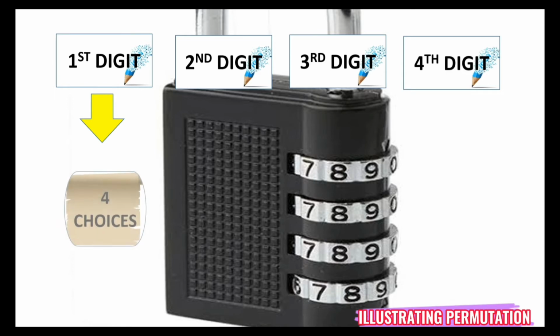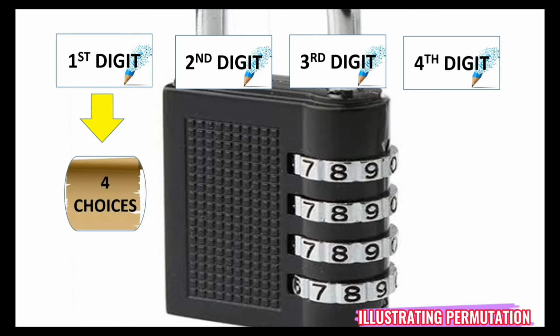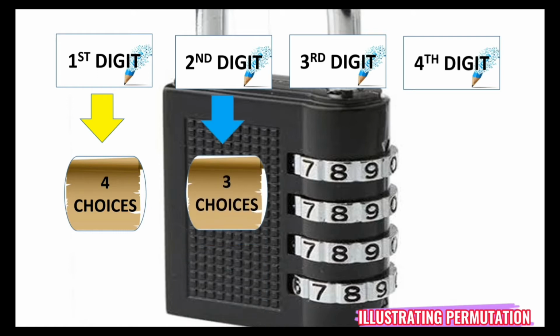So we have 4 choices. Let us say I place 1 in the first digit. Now, how many choices can be placed in the second digit? Yes, there are 3 choices because 1 is already placed in the first digit.